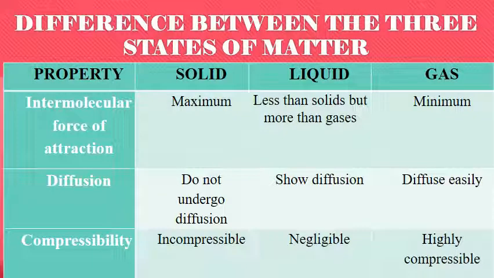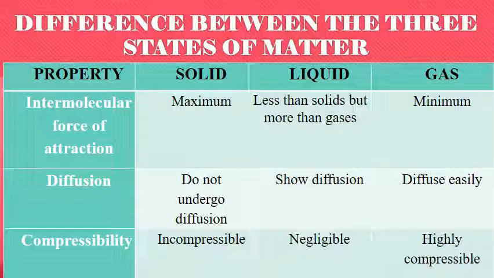Now we go into the next property, intermolecular force of attraction. Intermolecular force of attraction is maximum in solids. As the particles are closer together, the force of attraction is also high. In liquid, the intermolecular force of attraction is less than solids but more than gases, while in gas, the intermolecular force of attraction is minimum. I hope you understood.